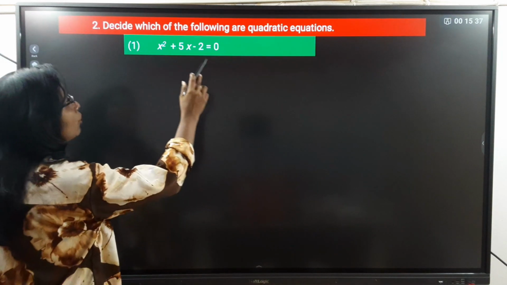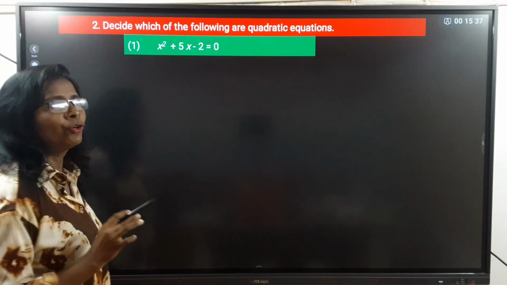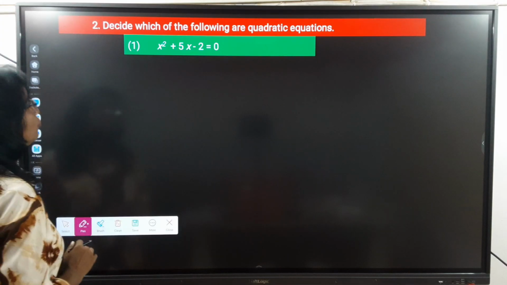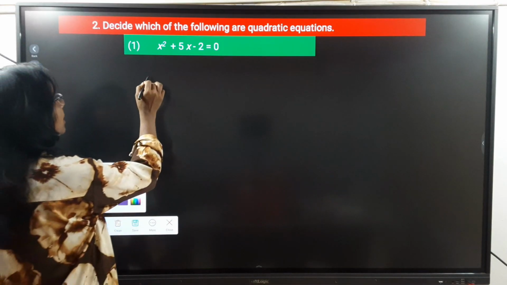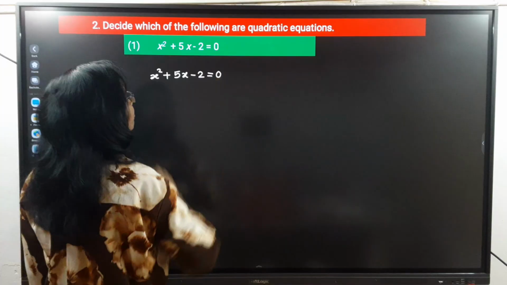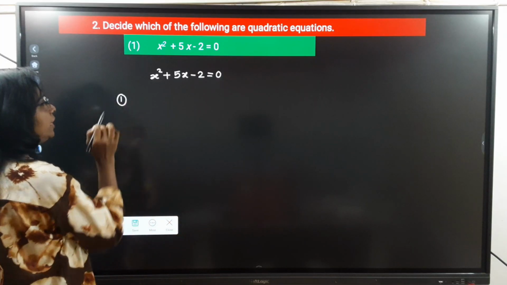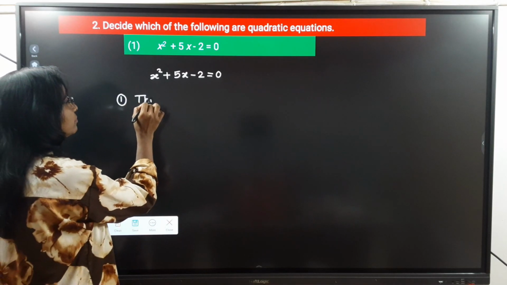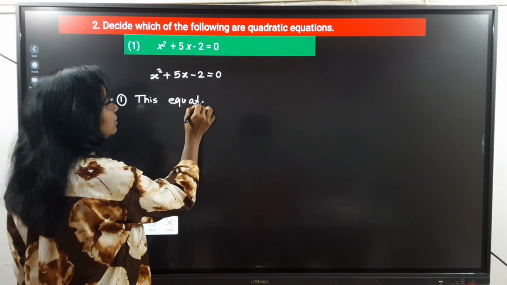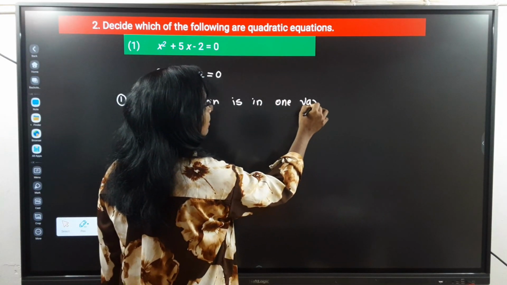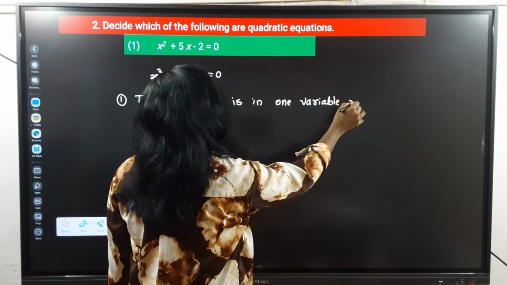Next question: decide which of the following are quadratic equations. So here we have to find out whether the given equation is a quadratic equation or not. First I write down the given equation, x square plus 5x minus 2 is equal to 0. Now I write down the conditions one by one. The first condition is that this equation is in one variable x.